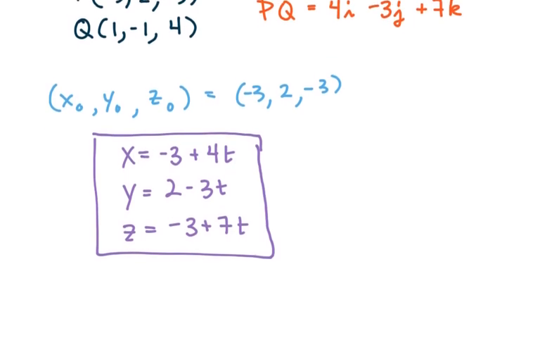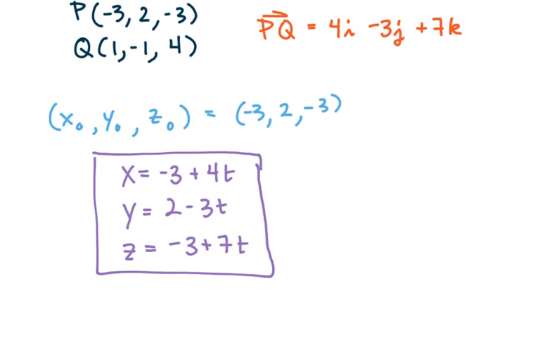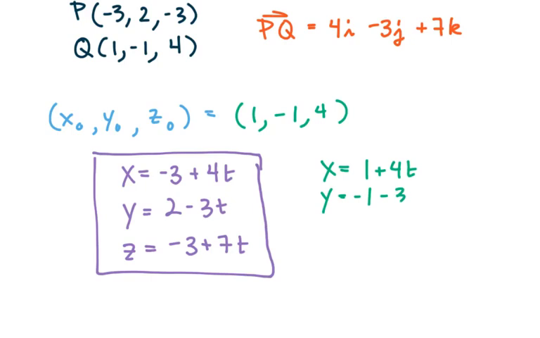If I had chosen this point here to be my Q value, 1, -1, and 4, then x would be 1 plus 4t, y would be -1 minus 3t, and z would be 4 plus 7t.